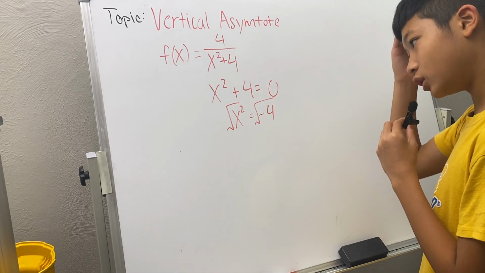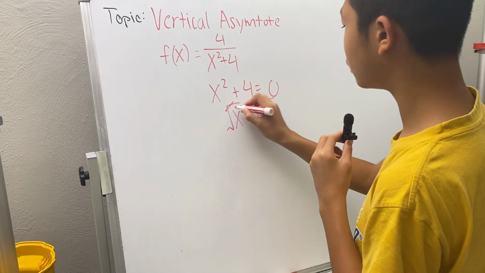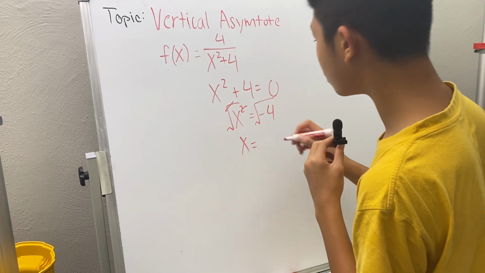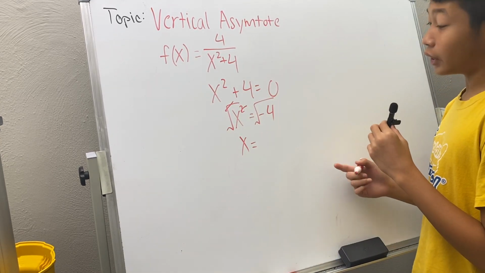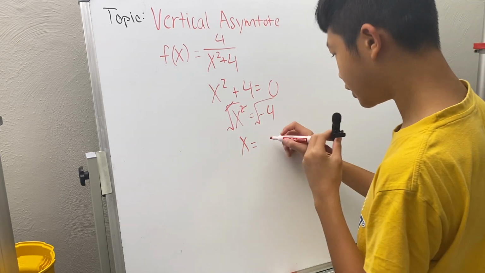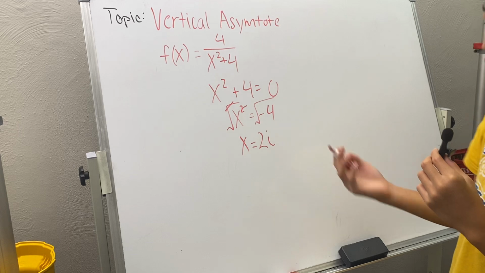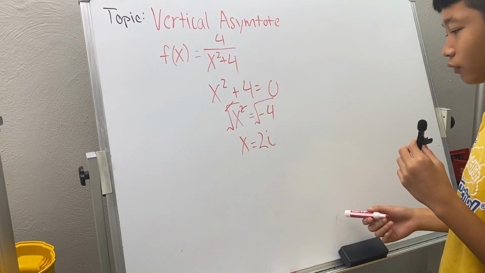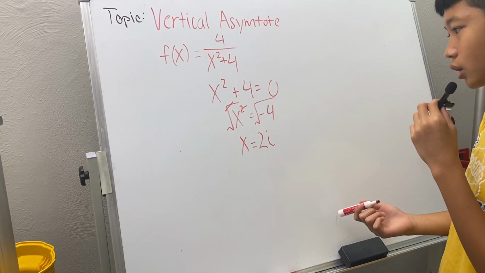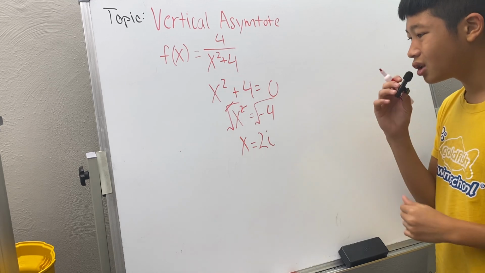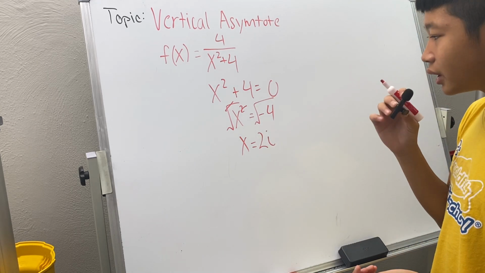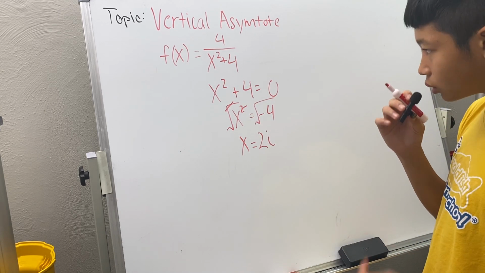So x is equal to, this is an imaginary number, 2i, where i squared is negative 1, and negative 2i. So if it's imaginary, there's no vertical asymptote.